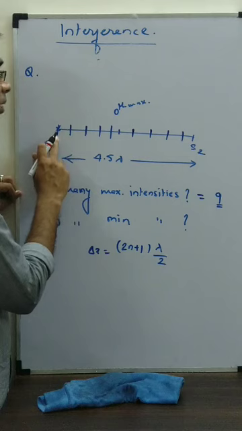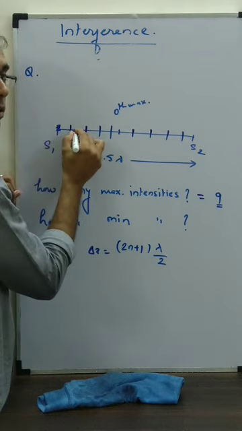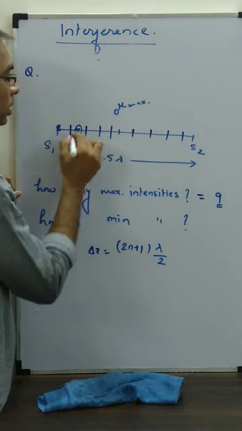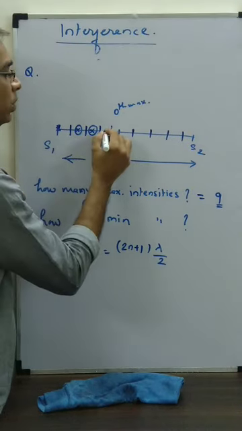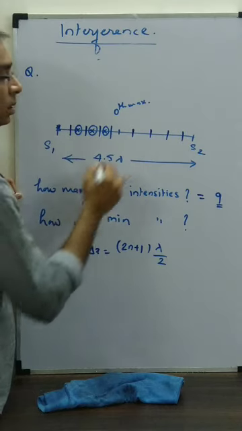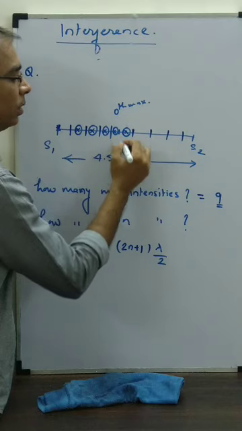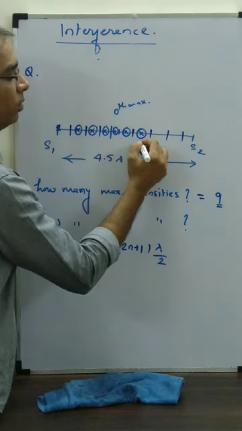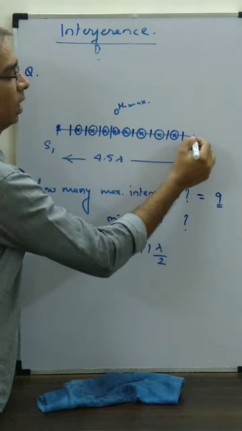What about minima? This is 1 minima, 4.5 lambda. This is 3.5 lambda. This is 2.5 lambda. This is 1.5 lambda. This is 0.5 lambda. Again here 0.5 lambda, 1.5 lambda, 2.5, 3.5 and 4.5.